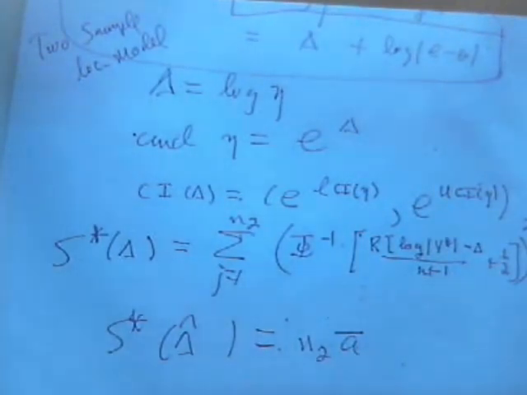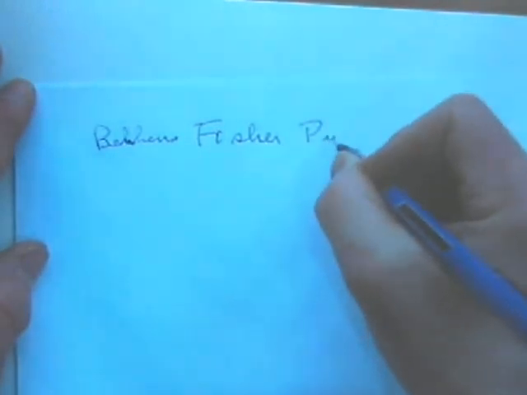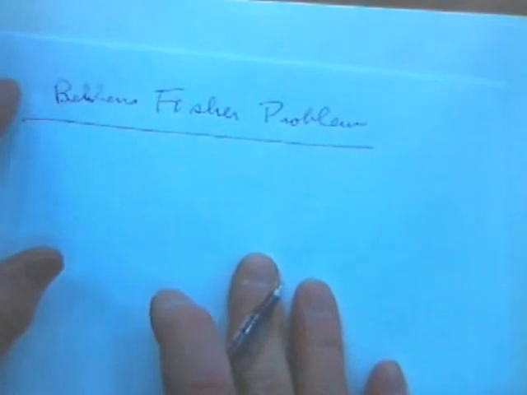We'll start. So today, let's talk a little bit about the Behrens-Fisher problem. If we talk about it in very general terms, we don't have a great solution to this, but we do have a solution.